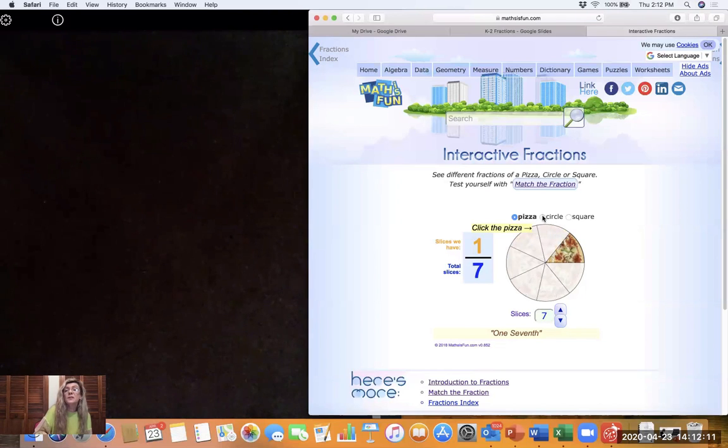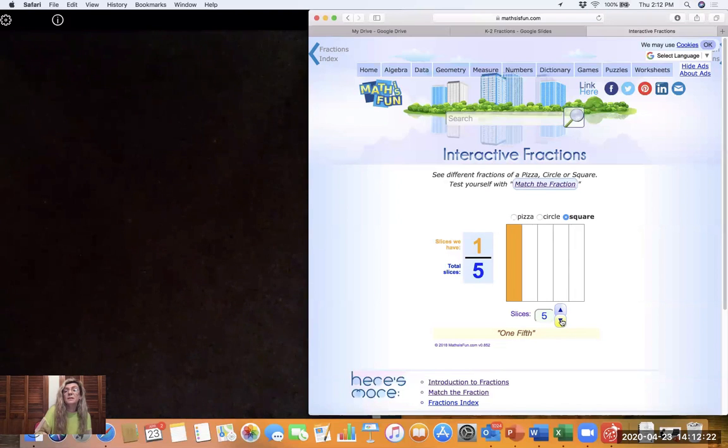And they can also do that with the circle and then with the square. And what's cool about this is they can just build. So if we want to have this in fourths, we can look and see what 2/4 actually looks like. So it's an awesome tool there as well for us to use.